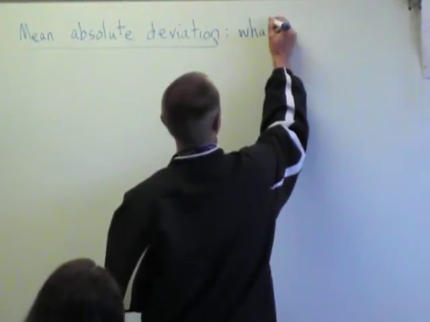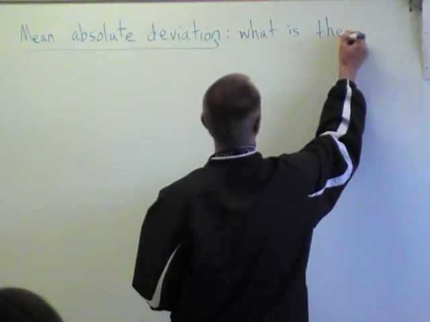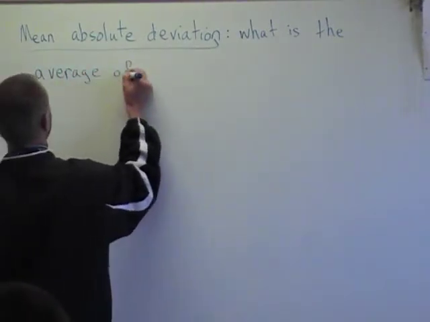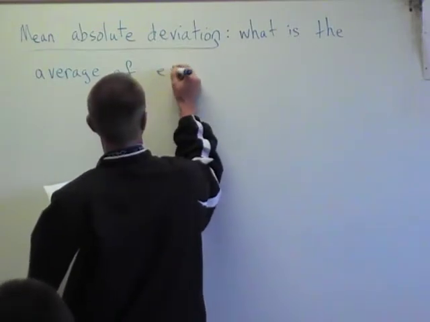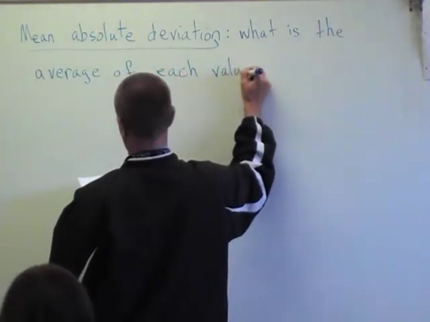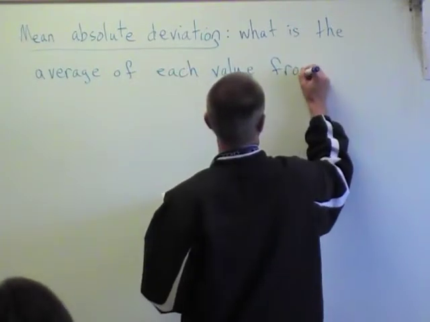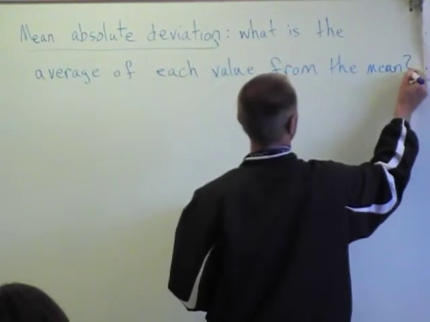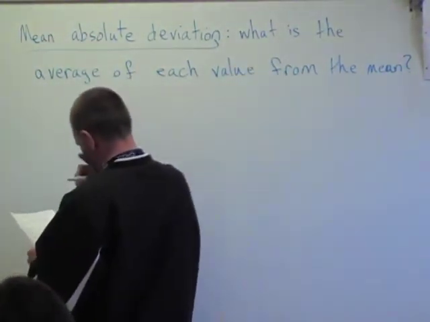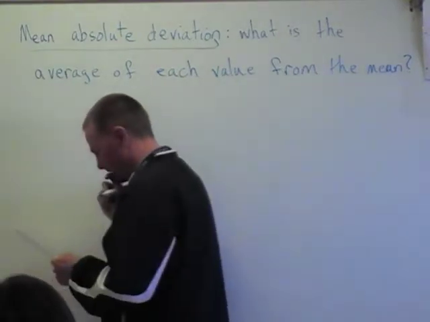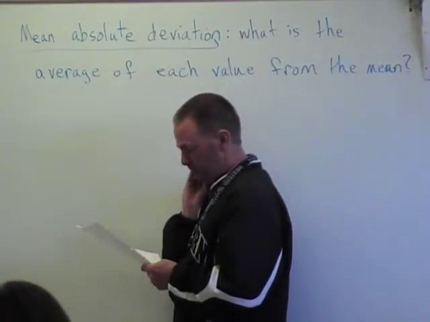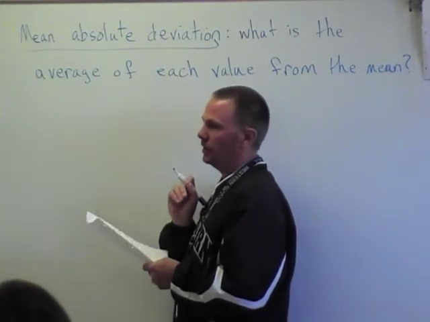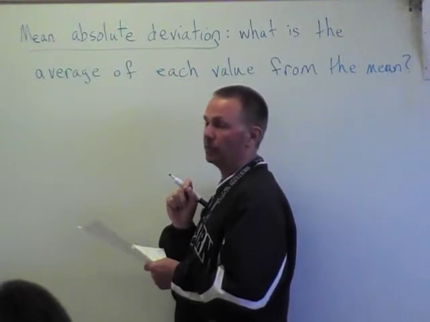So what is the average? So what you're doing is you take the differences of each number, the absolute value differences.